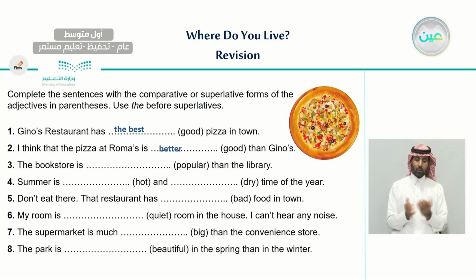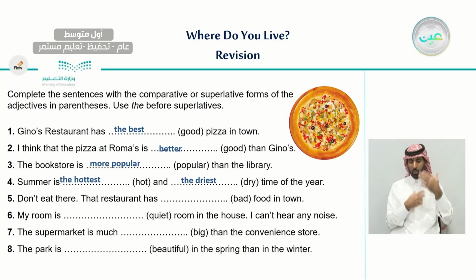Number 2: I think that the pizza at Roma's is better than Gino's. Here is a comparison between two things. Number 3: the bookstore is more popular than the library. And here is also a comparison between two things, but with a longer adjective. Number 4: summer is the hottest and the driest time of the year. And number 5: don't eat there. That restaurant has the worst food in town.